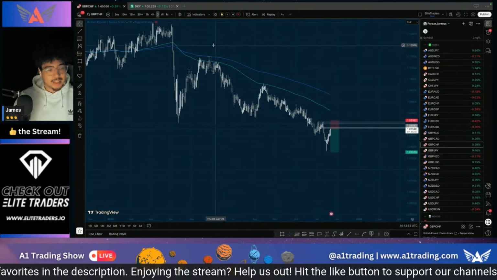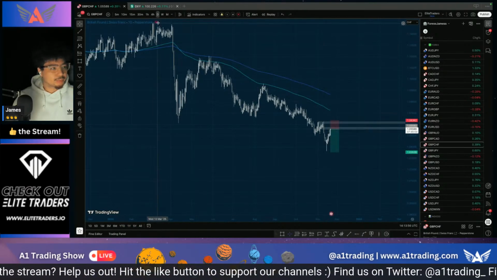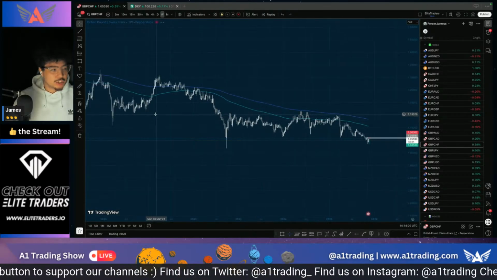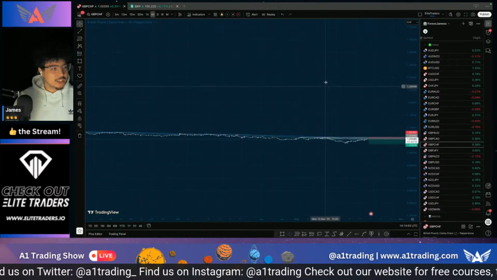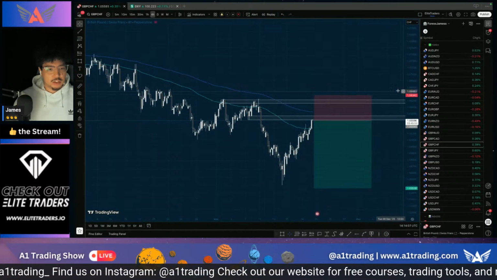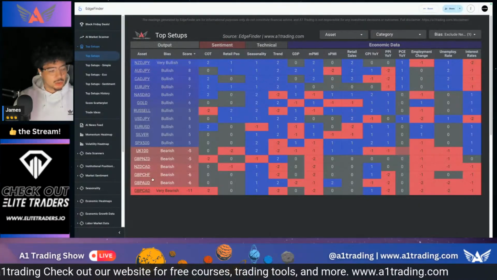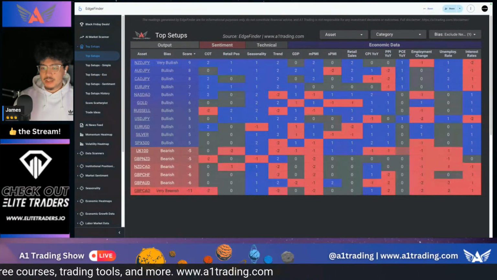And mainly this trend is extremely aggressively to the downside. If you go into the weekly time frame, this has been a bearish trending market since 2021. We've obviously had tariff news come out of Switzerland, so there's some things there to back up this trade. And of course, we do have the pound Swiss reading bearish on the edge finder. So I think pound Swiss could be a nice one.